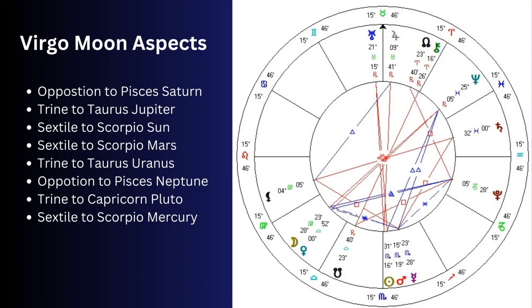So we're looking at the last aspects the moon made as it went through Virgo, and the chart is the chart for the closing aspect, where we have the moon sextile to Mercury. As you can see, Mercury is the tiny purple icon at the bottom next to Mars, which is red, and the moon is next to Venus in Virgo.